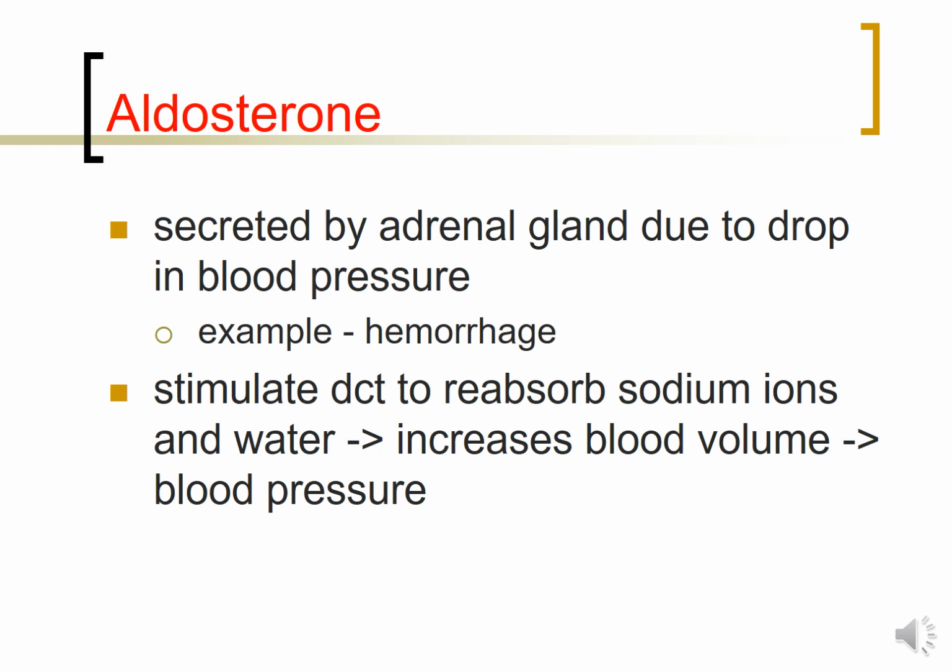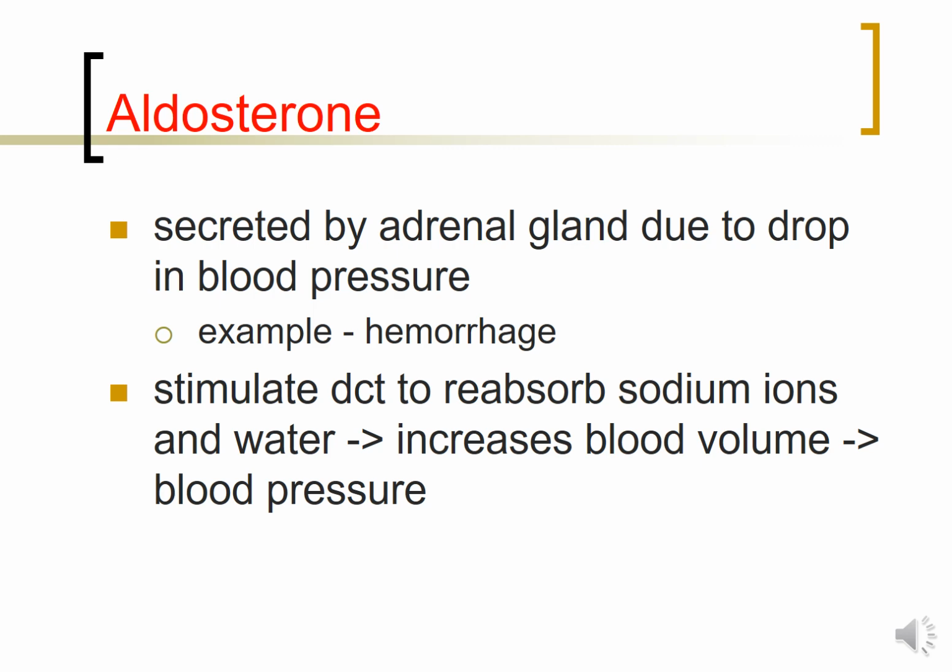Another hormone that affects the volume of urine, similar to ADH, is aldosterone, but it has a different trigger point, okay? Aldosterone is secreted by the adrenal gland, and this is due to drops in blood pressure. So remember, the kidneys need to have a positive filtration rate.